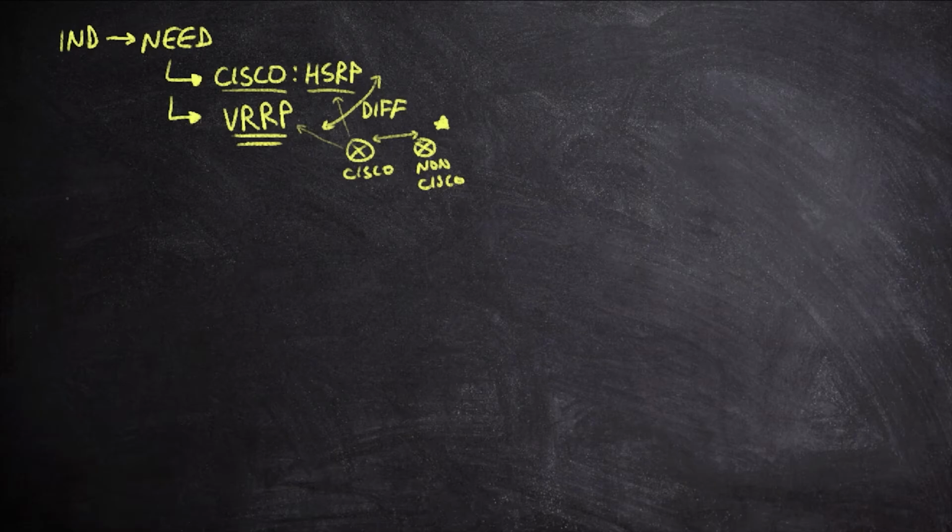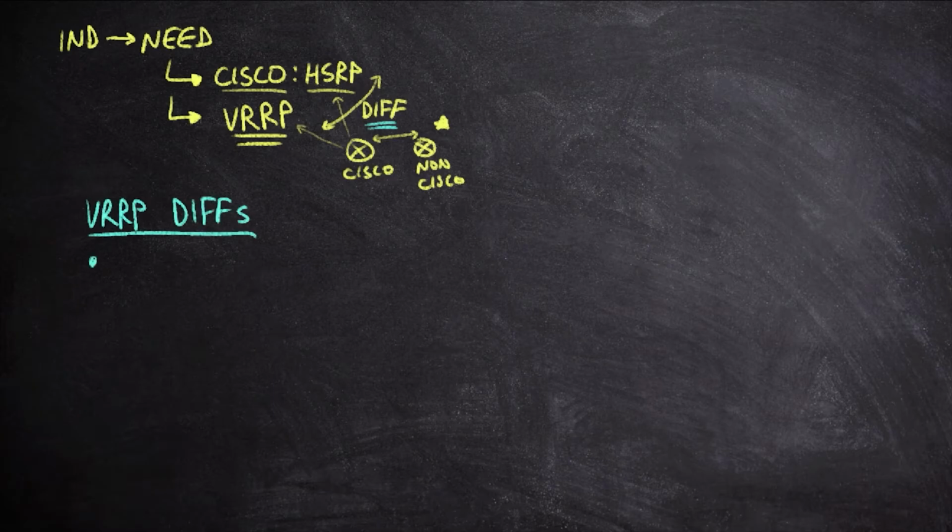Now, again, we do have a lot of similarities between HSRP and VRRP, and so for the most part, we want to focus on the differences, because we understand that there's going to be a node that is operating the virtual IP address, and then that node can fail and the other one takes over. A lot of that initial FHRP conversation is going to hold true for both protocols. So let's focus on the differences from HSRP.